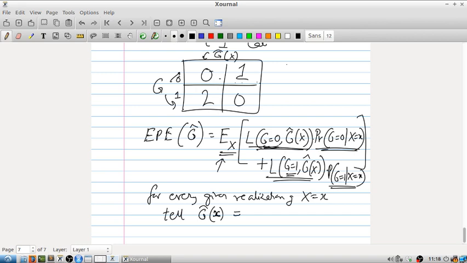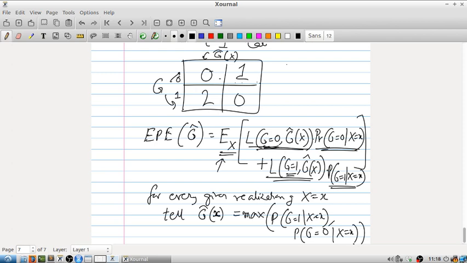We can actually prove this, but we're not going to do it in the class. In this example, it's just going to be the max over the probability of g is equal to 1 given x is equal to x, or the probability of g is equal to 0 given x is equal to x.